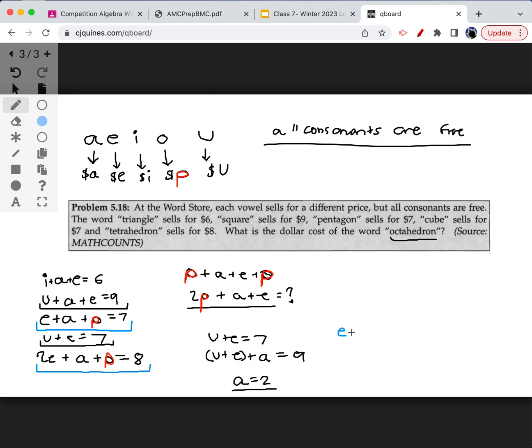So notice that we can rewrite the second equation as e plus e plus a plus p is equal to 8. So from here, we know that e is equal to 1.